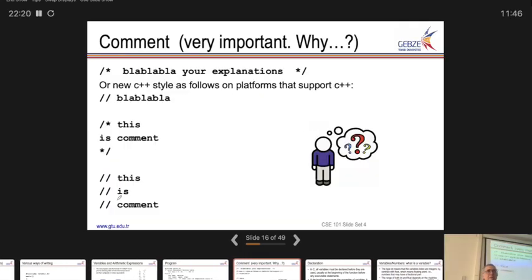So comments are important. The top one is the C style. The new C++ style is the bottom. In C++ style, you have to have 3 lines in here. You only need 2. If there is a big section, this one is better.